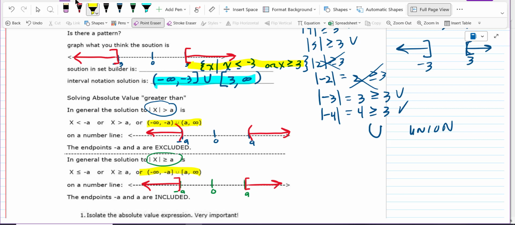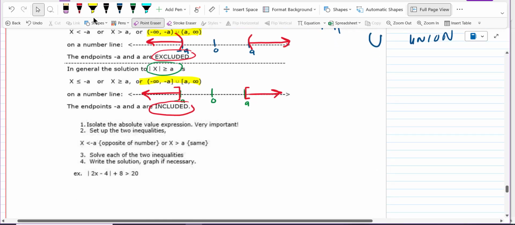Okay, so you have to make sure that you understand that this one, greater than, is going to exclude the endpoints. So you use parentheses like we've talked about. Greater than or equal to is going to include those endpoints, which is why you use a bracket. Okay, so that's a summary of how you do an absolute value greater than problem.